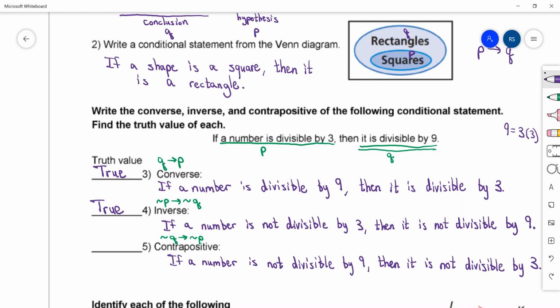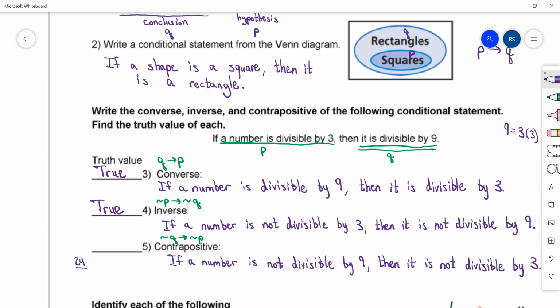Number 5, the contrapositive. If a number is not divisible by 9, then it is not divisible by 3. I don't know. Let's see here. Let's look at the number 24.